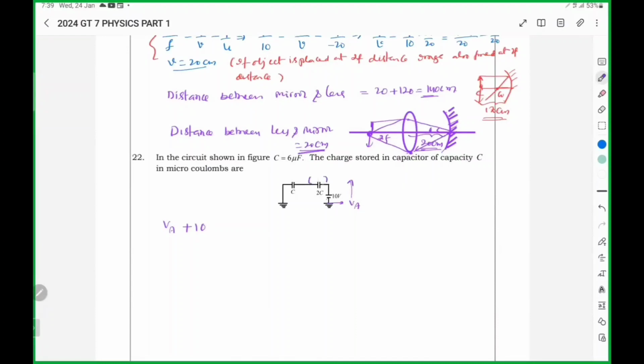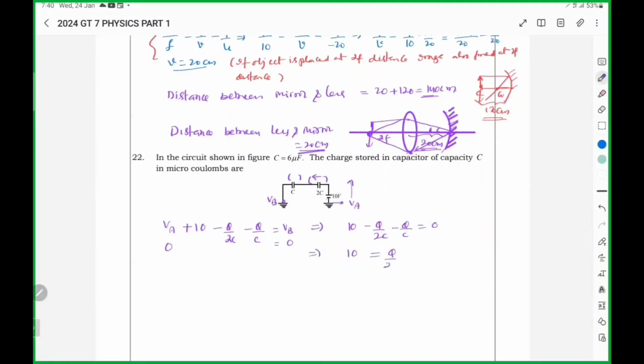And here the potential across this, I am choosing this path, minus Q by 2C. Potential across this, minus Q by C. So let us write here VB. But we know that potential on the ground is 0. That means 10 minus Q by 2C minus Q by C is 0.